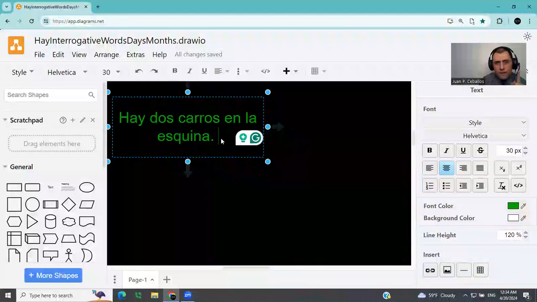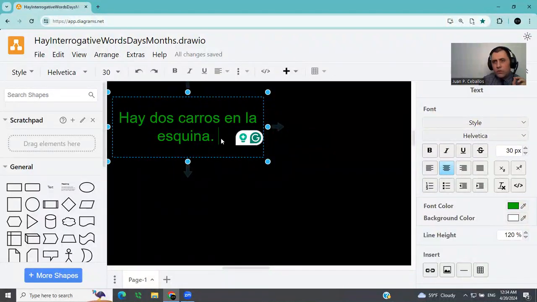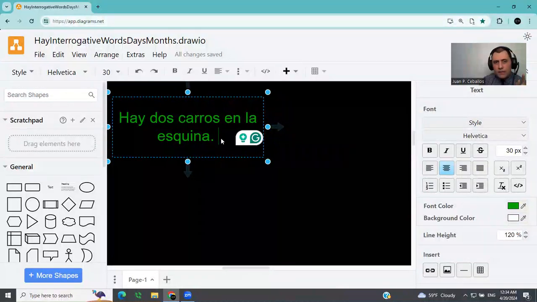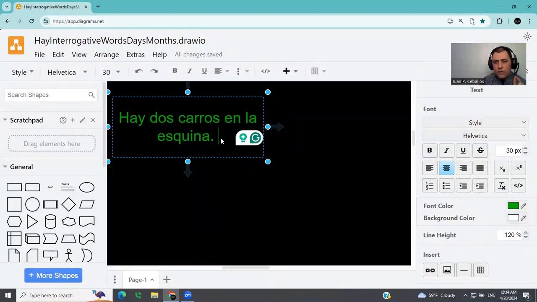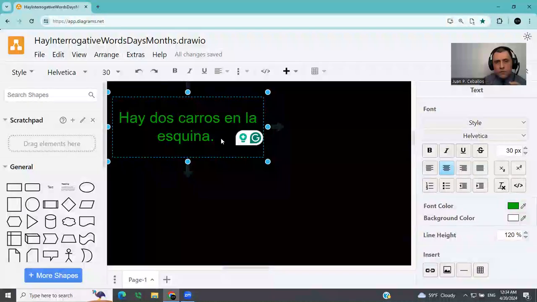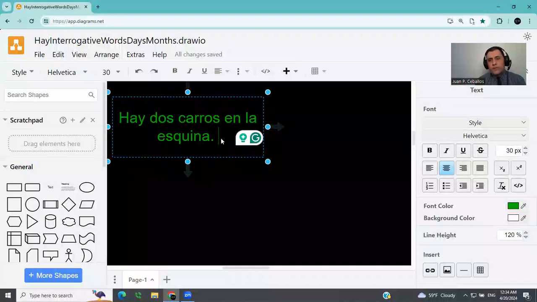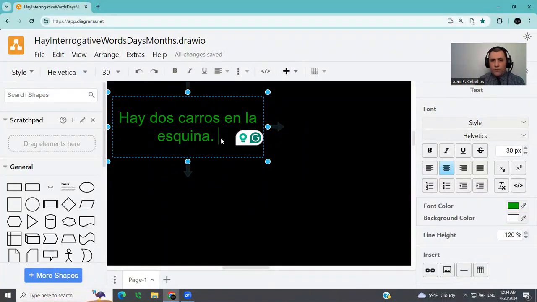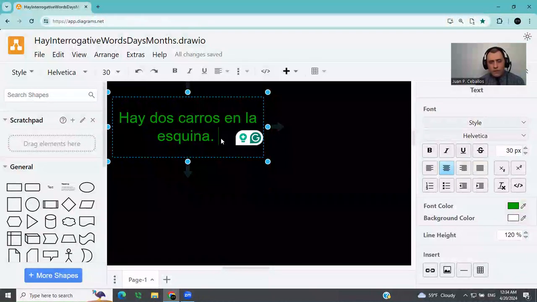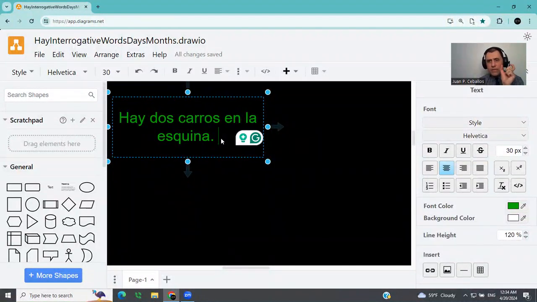Now, this is one of the rules of impersonal verbs. They are not very common, but hay is the most common impersonal verb. Impersonal verbs are always conjugated in third person singular, and they are called impersonal because there is not a specific subject. Like, for example, John is at home. In this case, the specific subject is John.